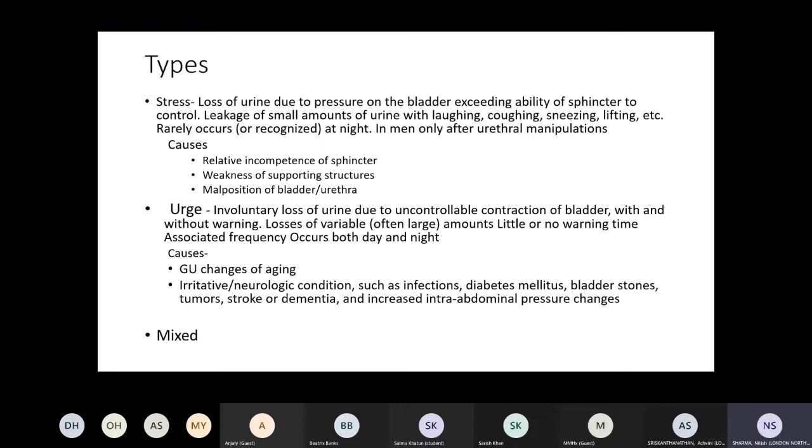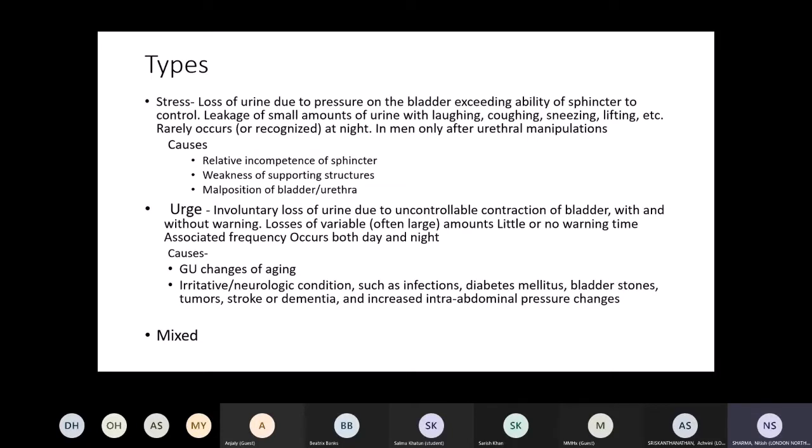With stress incontinence, it's just a few drops or a small amount of urine. With urge incontinence, it's usually more, moderate to large amounts with no warning time, which causes more embarrassment and hygiene problems.